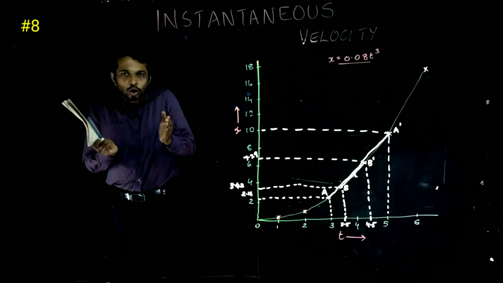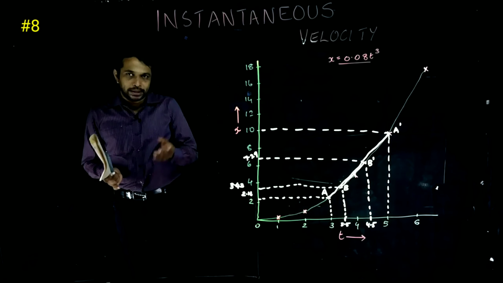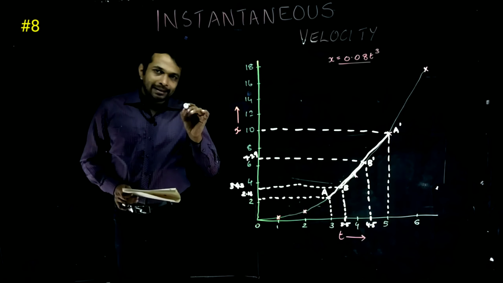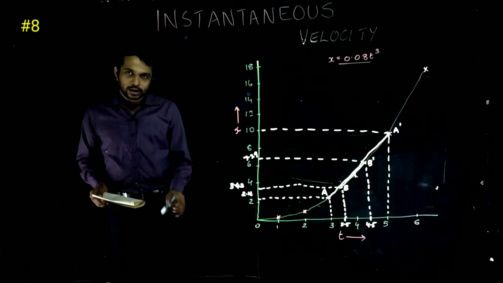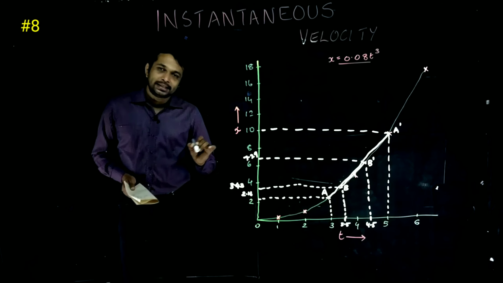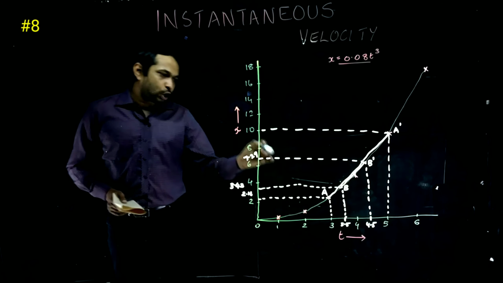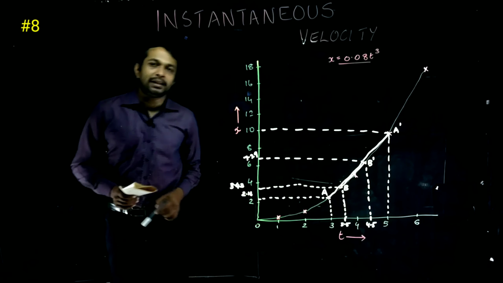Now if you go on narrowing the time period, you will get a line which is at 4 seconds. Okay, and that line is the tangent drawn to this graph at time t equal to 4.